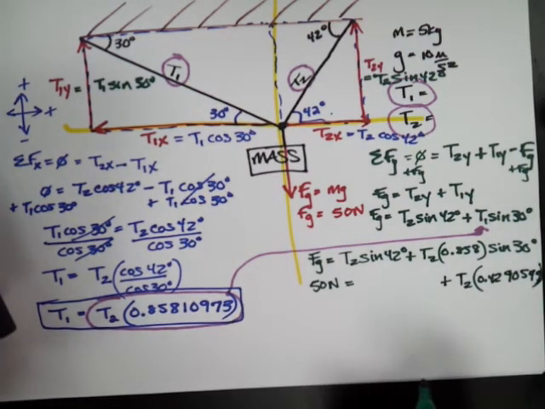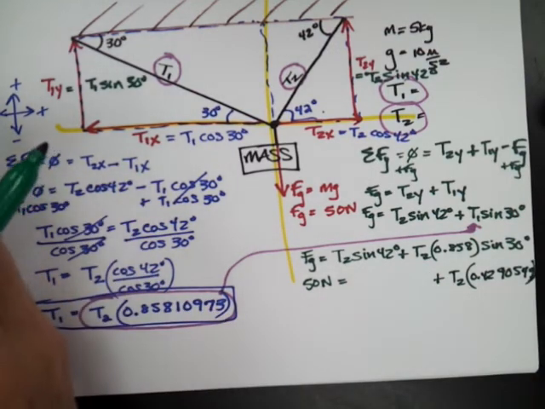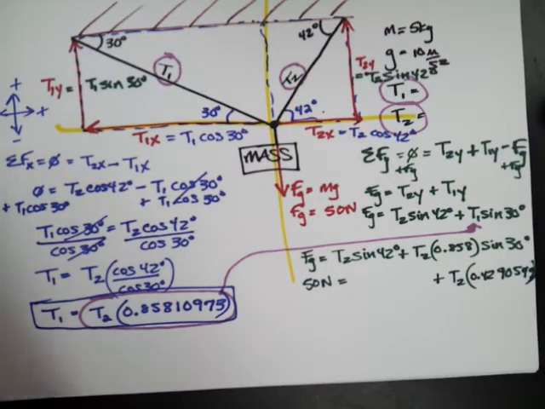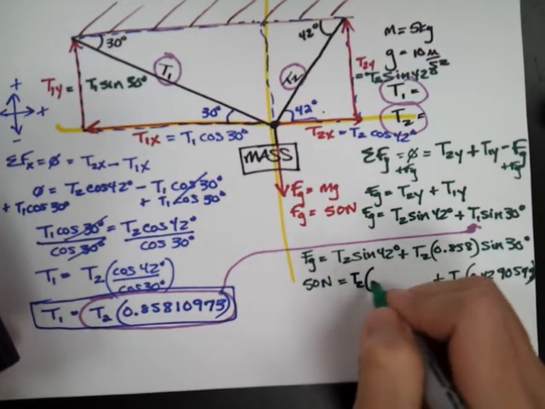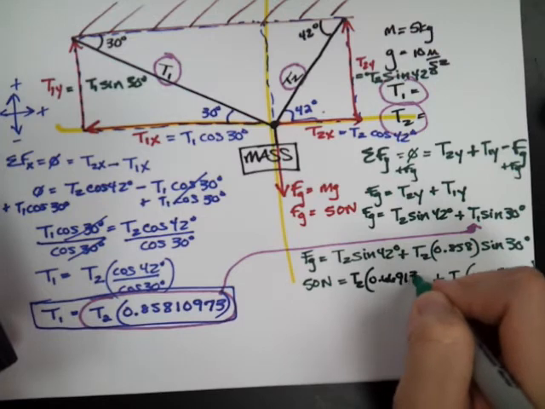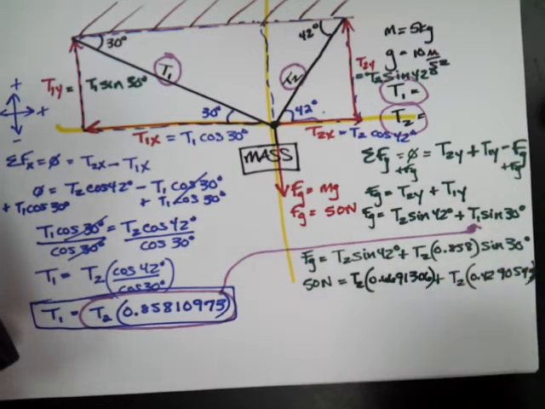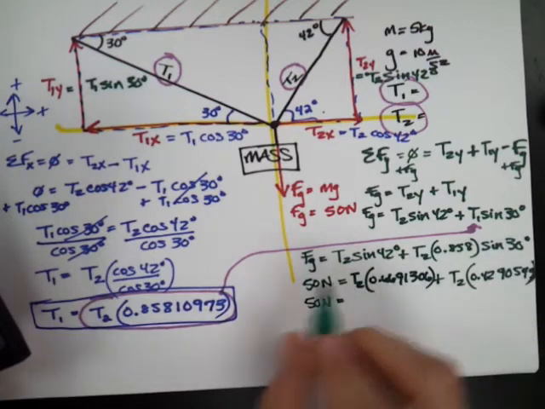That's a 9. You see that? And then let's do the sine of 42. So that is T2 times 0.66911306, is equal to 50 newtons.